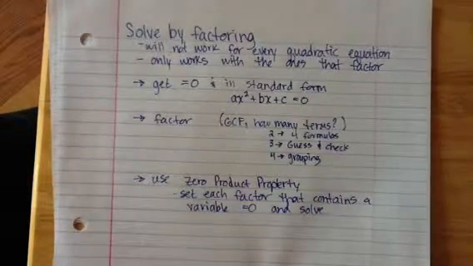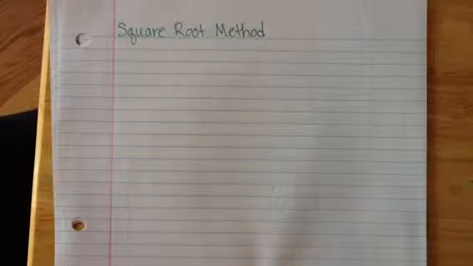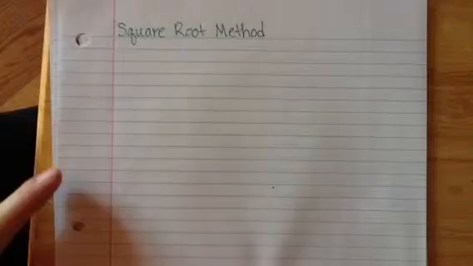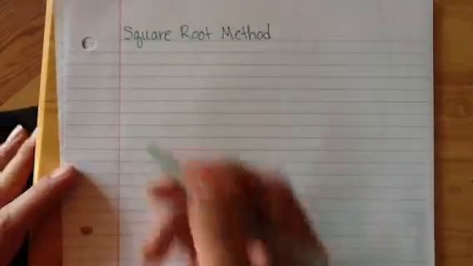The second method that we used to solve quadratic equations was the square root method. Now the square root method only works if there is a squared thing.